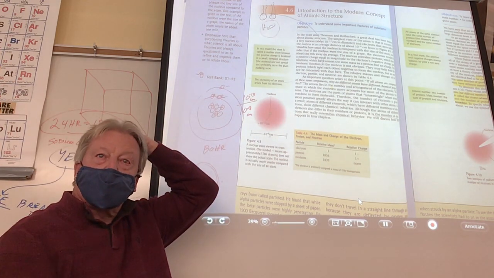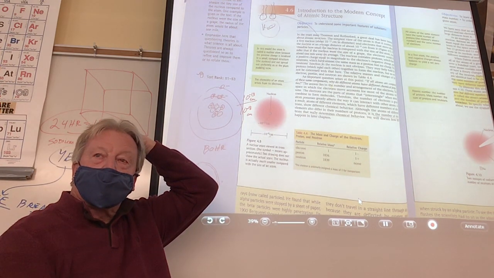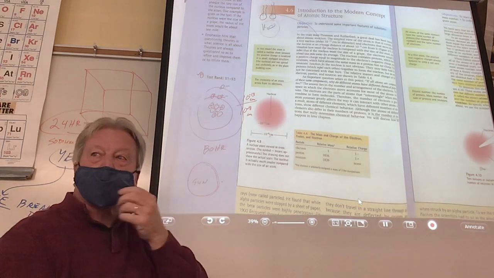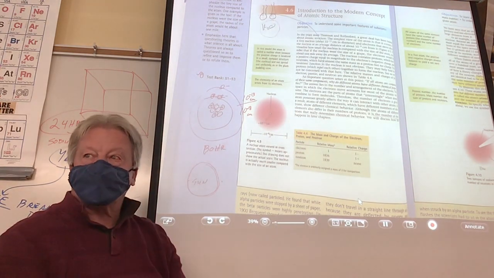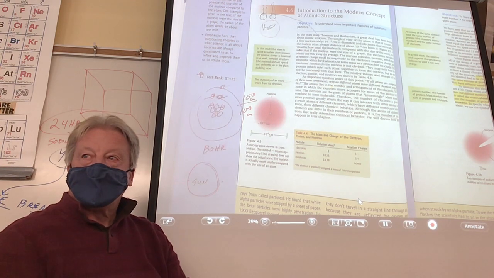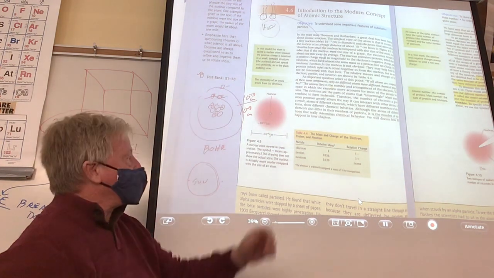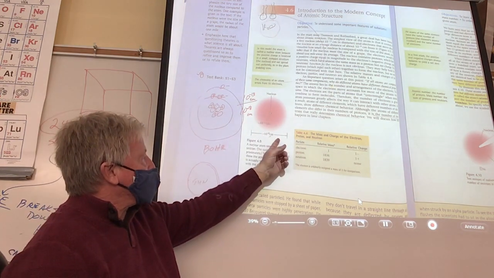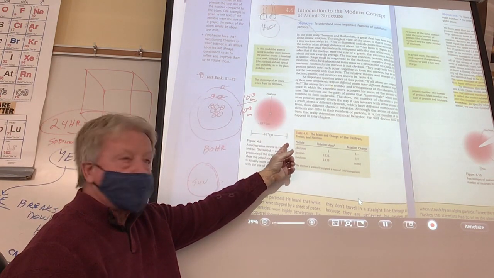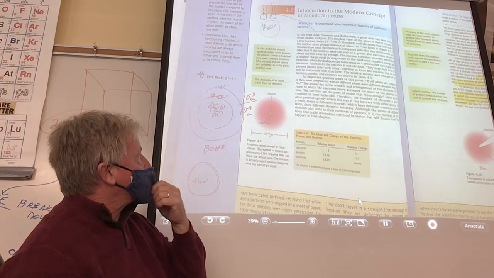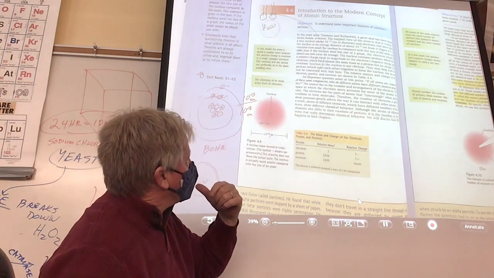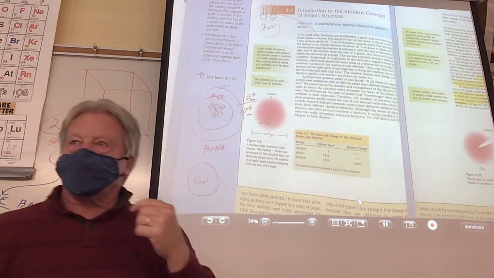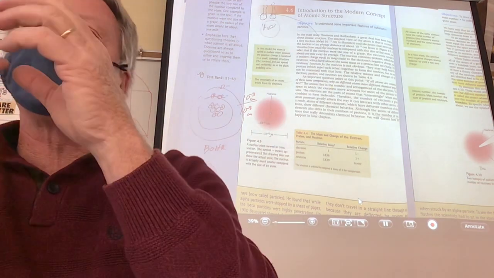What's 10 to the minus 10th meters? Angstroms. Yes, 10 to the minus 10th meters is an angstrom. Anyway, if this is 10 to the minus 8 centimeters, how big is the nucleus? 10 to the minus 13th centimeters. I want you to think about this.